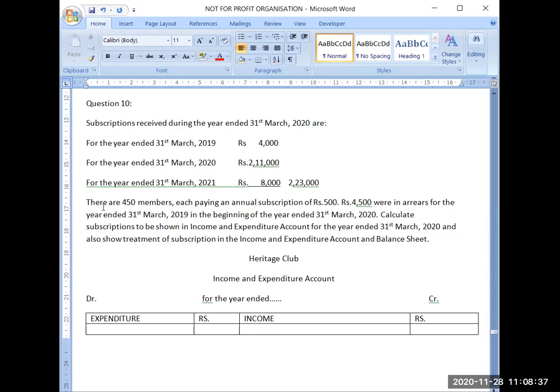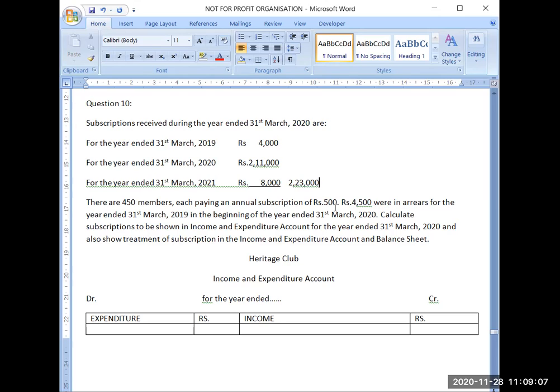Now some other information is also given in the question. There are 450 members, each paying an annual subscription of rupees 500. So there are 450 members of the organization, and each member is contributing annually rupees 500 to the organization. Rupees 4,500 were in arrears for the year ended 31st March 2019. So this is last year outstanding amount.